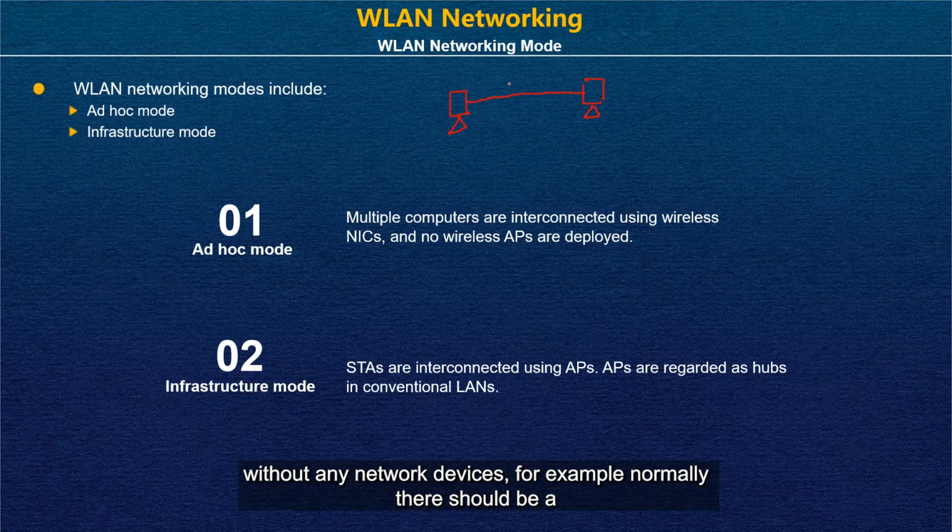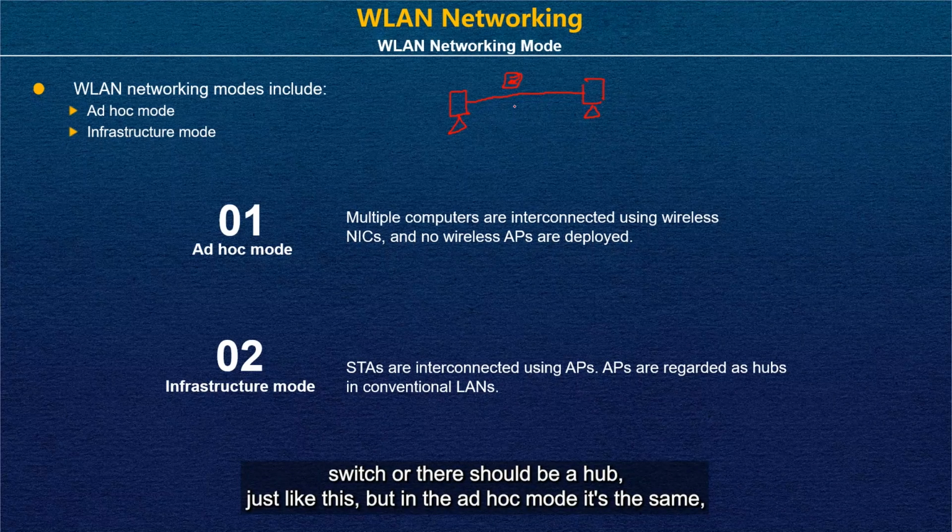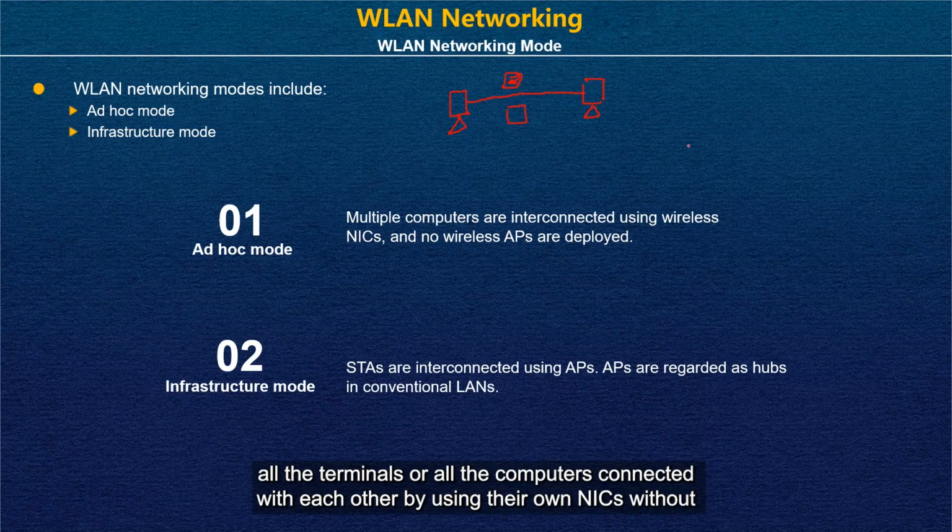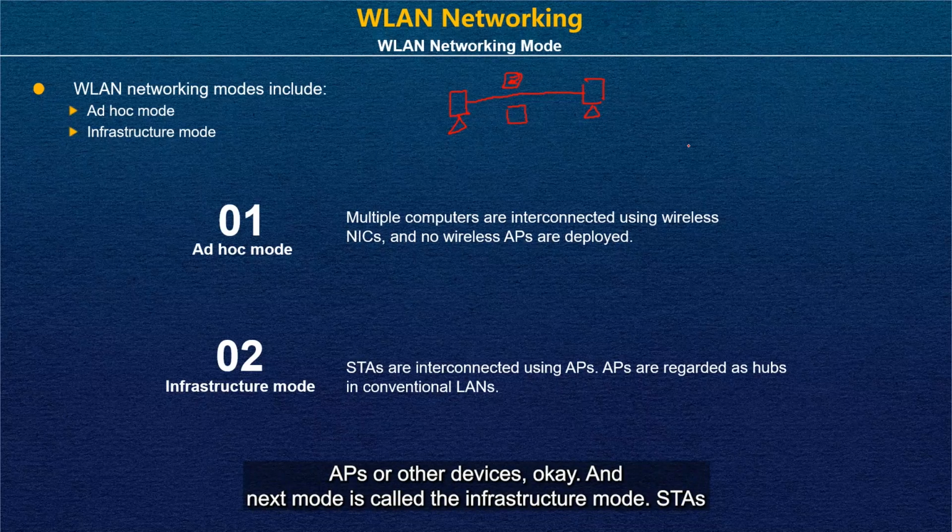Normally there should be a switch, or even a hub. But in the ad hoc mode, all the terminals or computers connect with each other using their own NICs, without any APs or other devices.